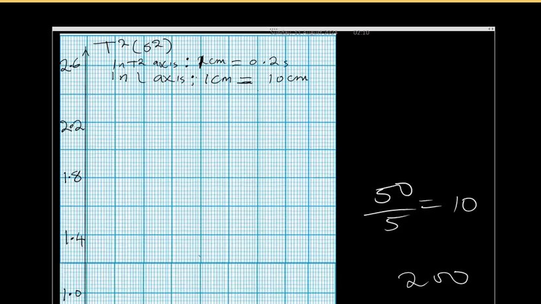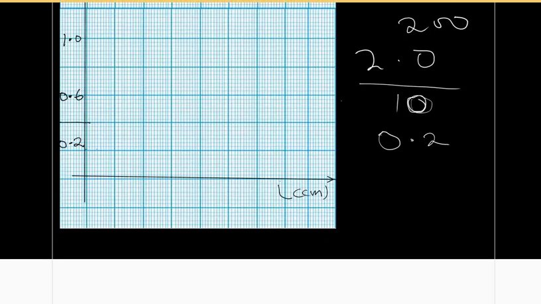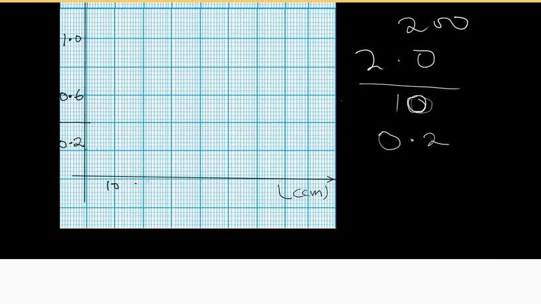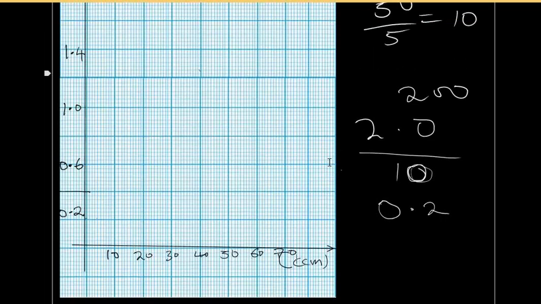All right, so let's start with the graph. So here I'm gonna have 10, 20, 30, 40, 50, 60, then 70, 80, so on and so forth.